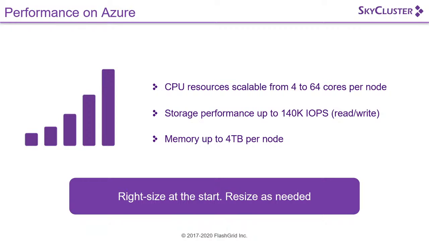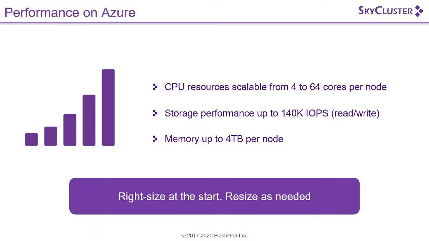So performance-wise, we can support VM sizes ranging from the very small 4-core VMs to very large 64-core VMs. And similarly, the memory size can be up to 4 terabytes per node. So pretty much all the VM sizes that Azure supports.